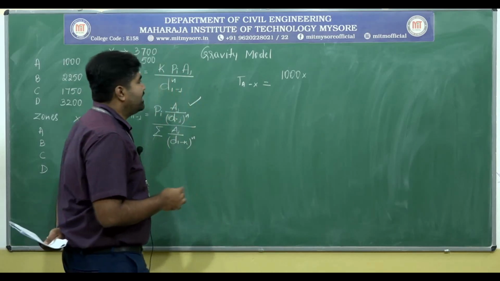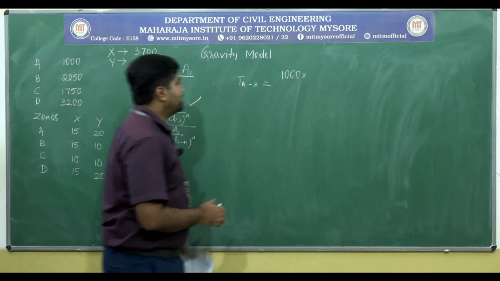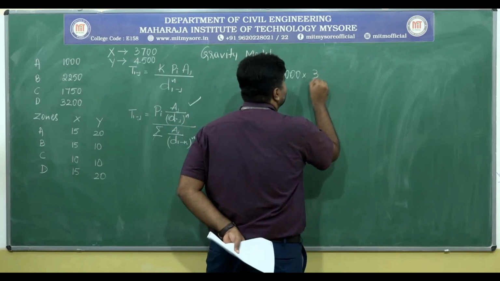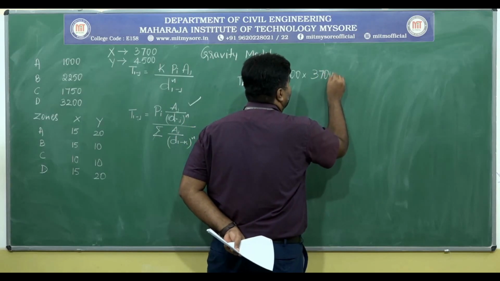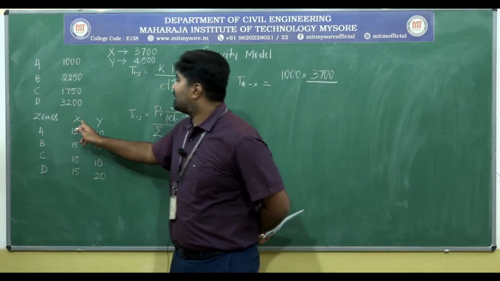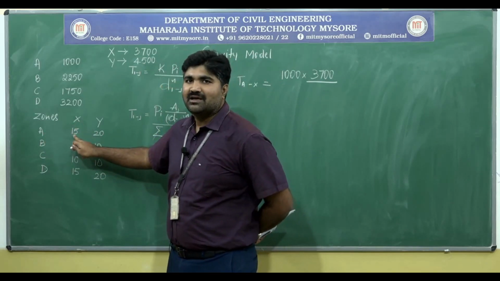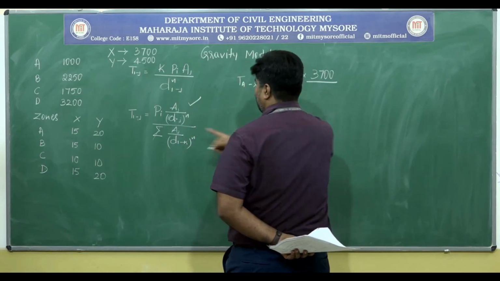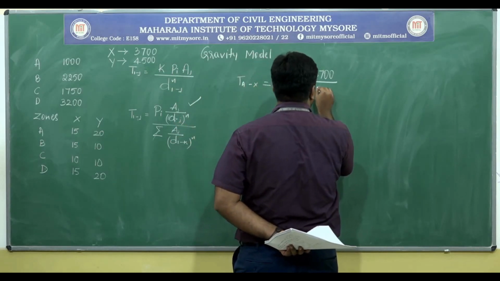Next, the X value, that is 3700. The travel time from A to X is given, that is 15. For this I am applying the value 15.